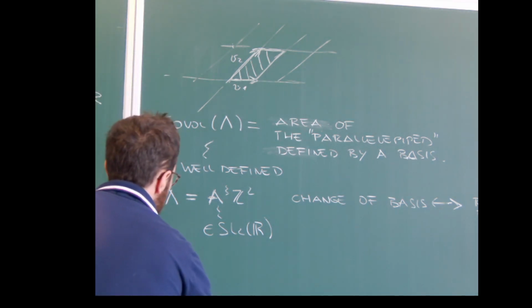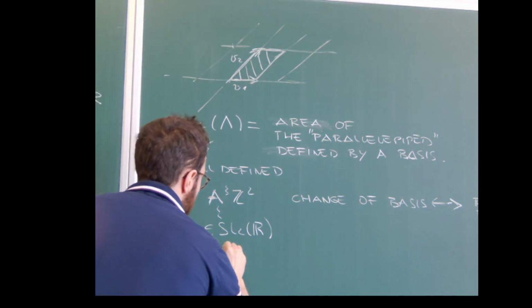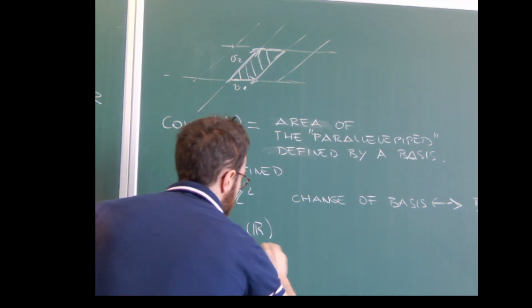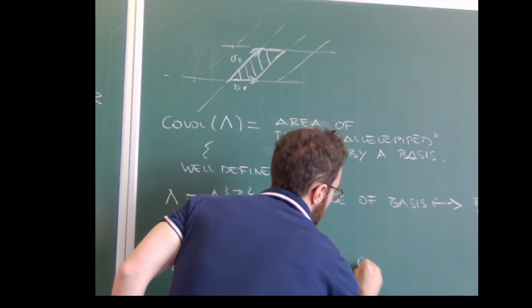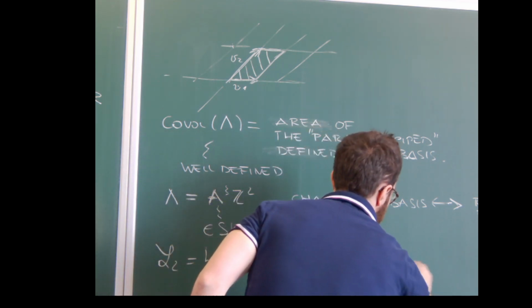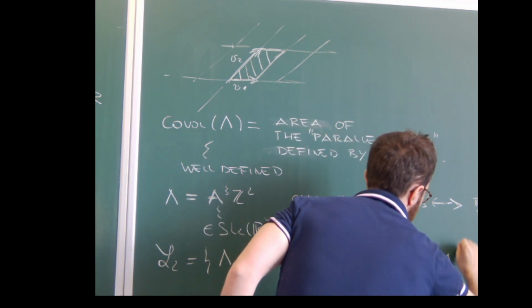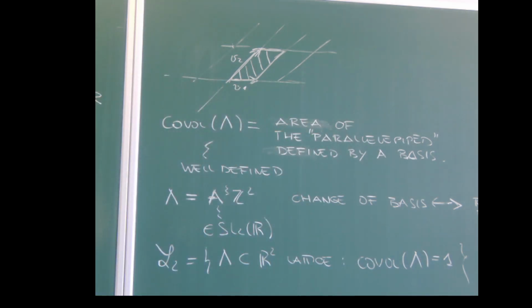And okay, so now let me define L2 as the set of lambda contained in our 2 lattice, such that the co-volume of lambda is equal to 1. Okay? Good.